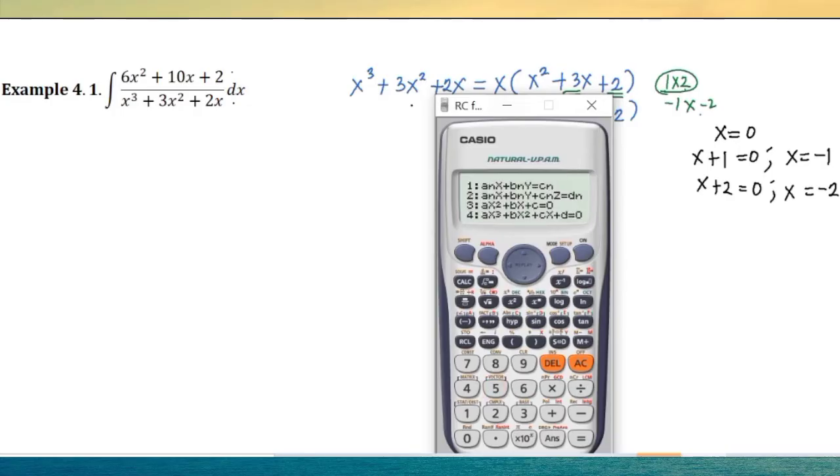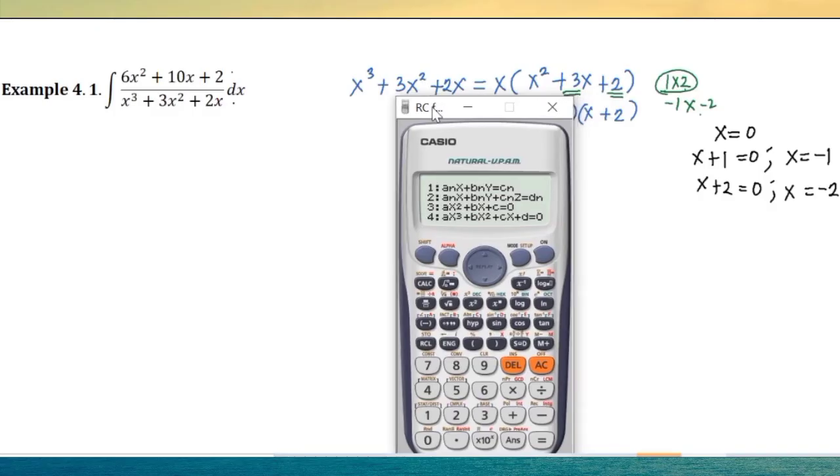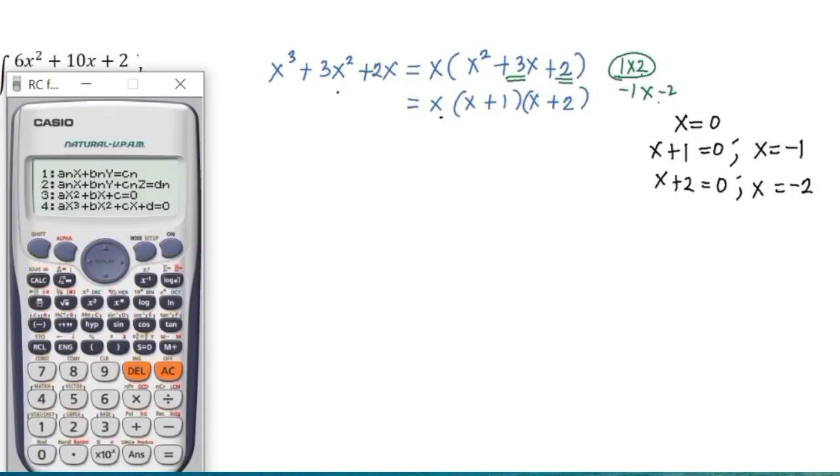So, since naka-cube yung equation natin, we have to select 4. Since we have cube here, yung A is coefficient of x cubed, B is coefficient of x squared, yung C ay coefficient of x, and yung D natin is the constant.